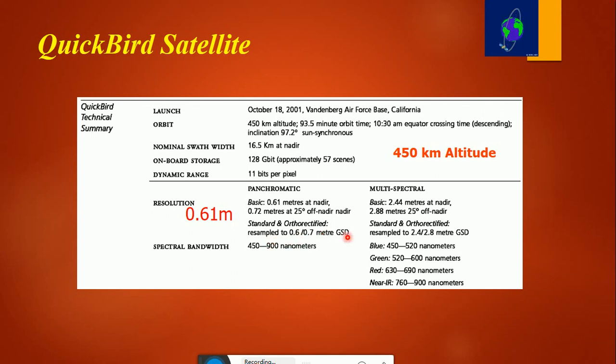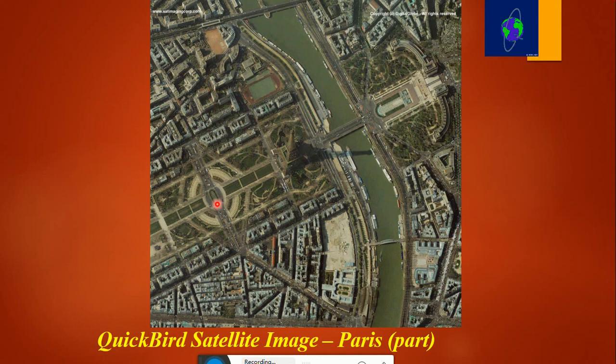Nominal swath width 15.2 kilometer, 9.44 mile at Nadir. Single point area 225 square kilometer, 15 multiplied by 15. Daily monoscopic area up to 700,000 square kilometer per day of pan area, up to 350,000 square kilometer per day of pan-sharpened multispectral area.